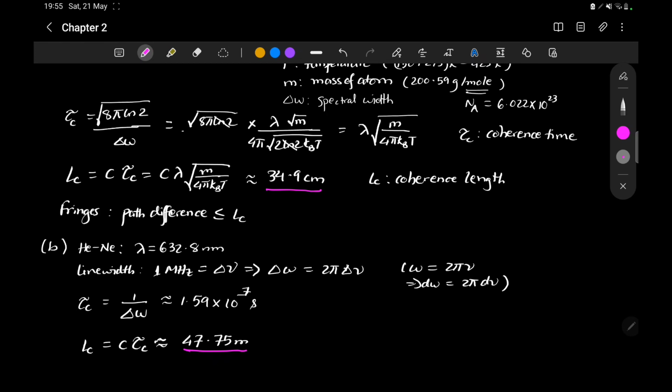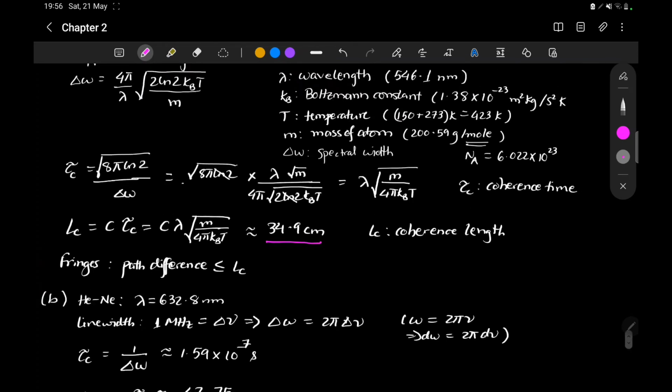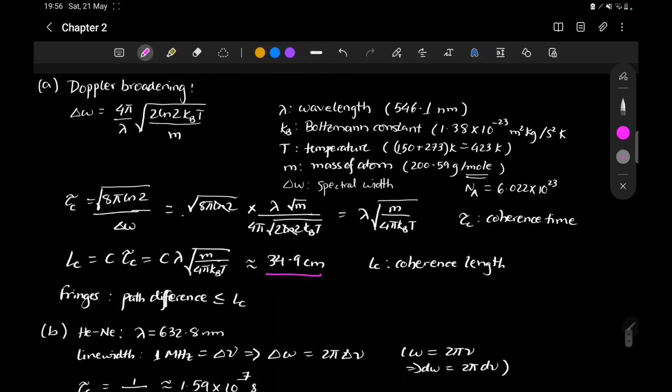That means that it is going to be much easier to obtain interference fringes in a Michelson interferometer if we use helium neon laser. Even the mercury vapor lamp has a pretty decent coherence length of about 35 centimeters.